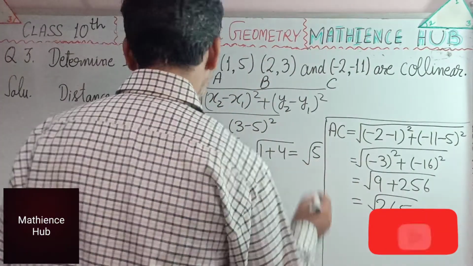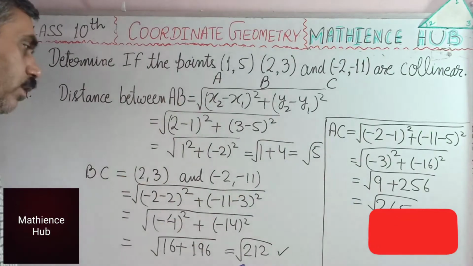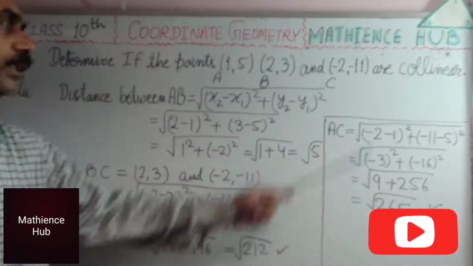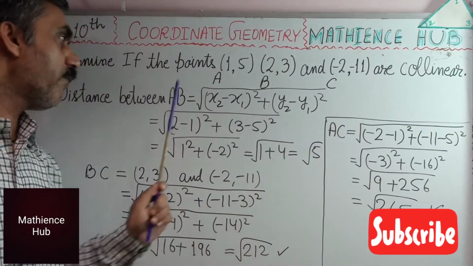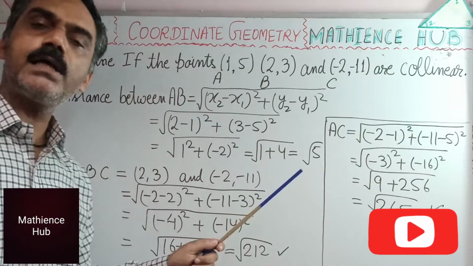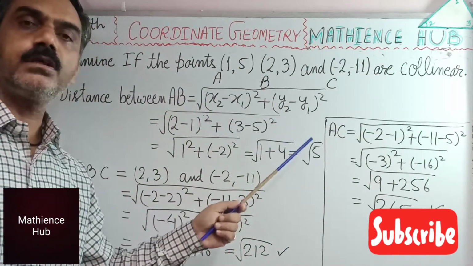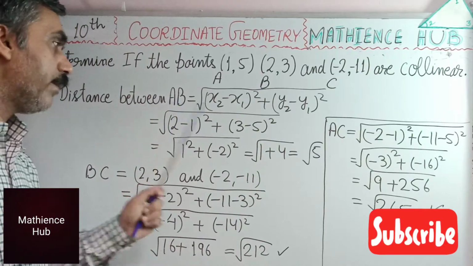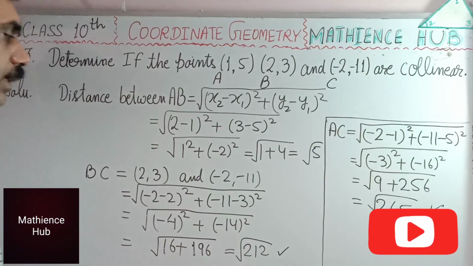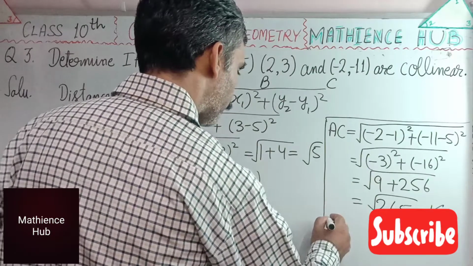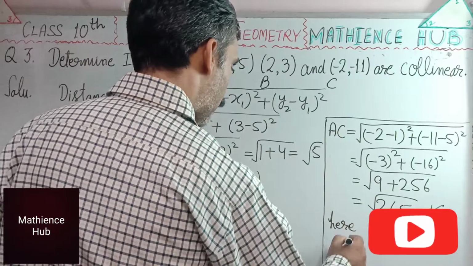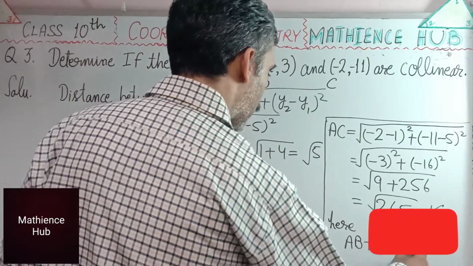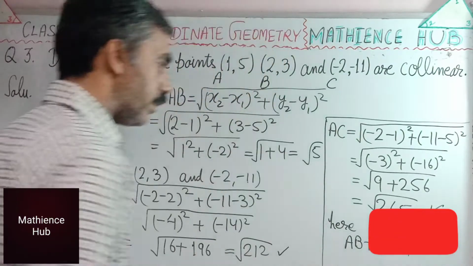So this is the value of AB, this is the value of BC and this is the value of AC. When we check the collinear situation, the sum of any two distances should be equal to the third side. AB is root 5, BC is root 212, AC is root 265. Here AB plus BC is not equal to AC.